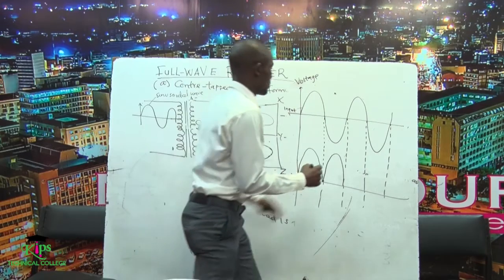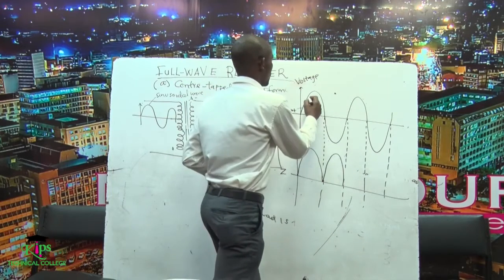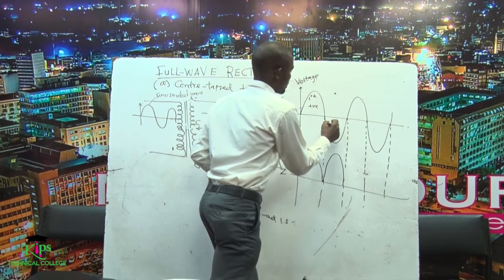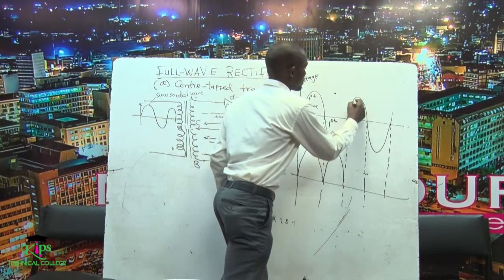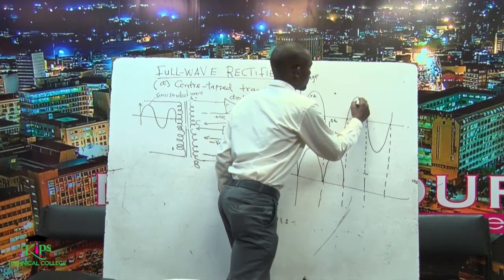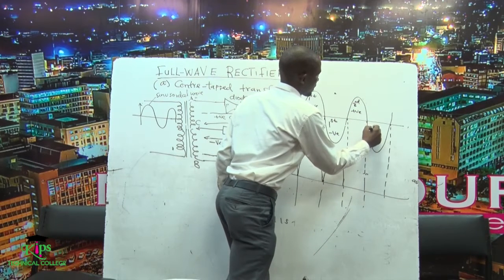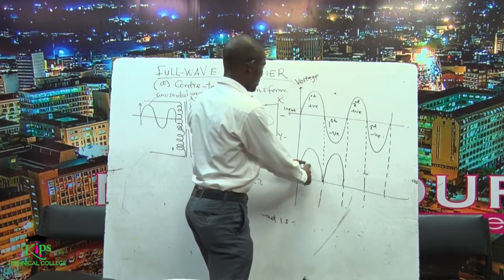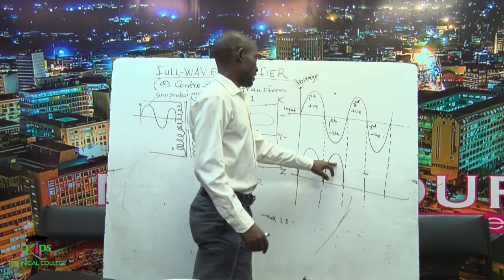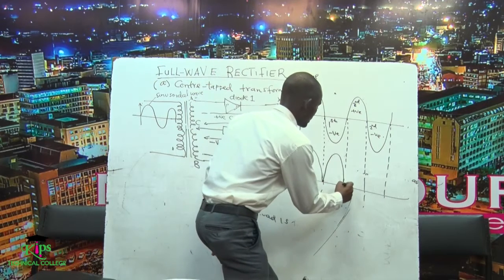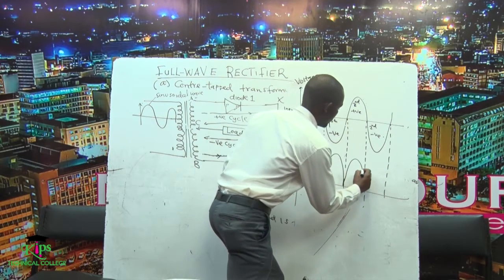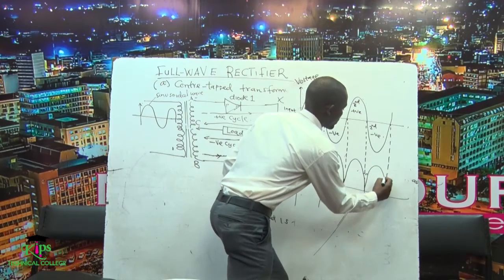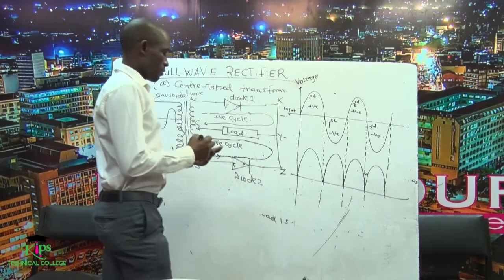Remember, this is the first positive cycle, this is the first negative, this is the second positive, and this is the second negative. During the first positive cycle, you draw it up there. During the first negative, you draw it there. During the second positive, you still draw it here. During the second negative, you also draw it up here. So that is how the output will look.